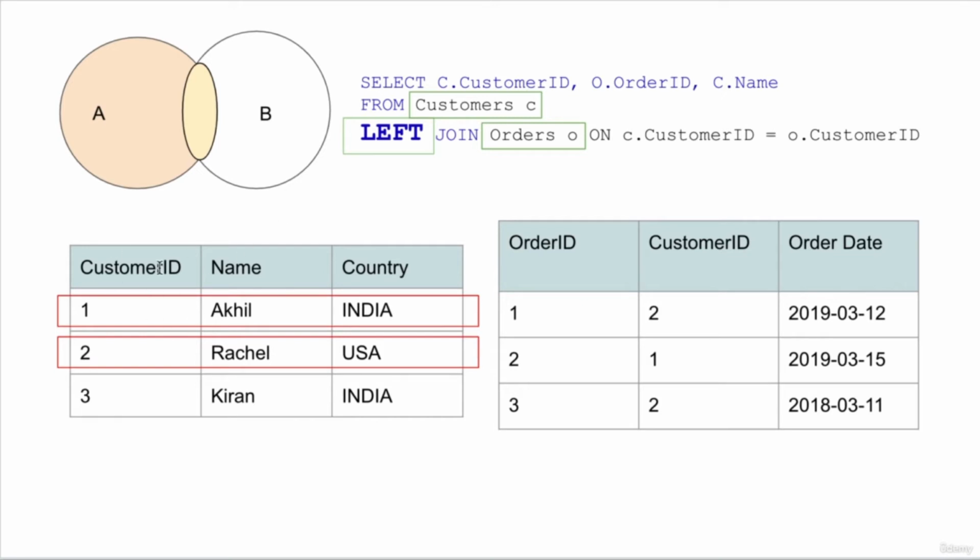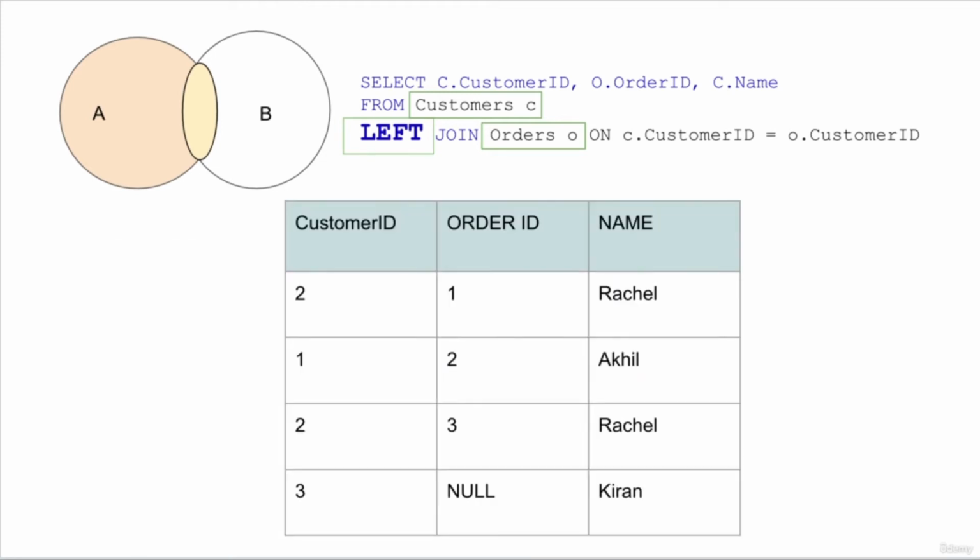The left table here is customers. Here not all the rows on the left table satisfy the condition. For the first two rows we have orders, but for the third row we don't have an order. So the result of this query will be as shown here.